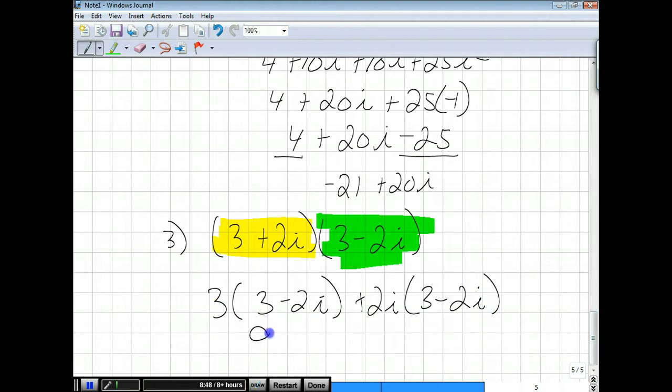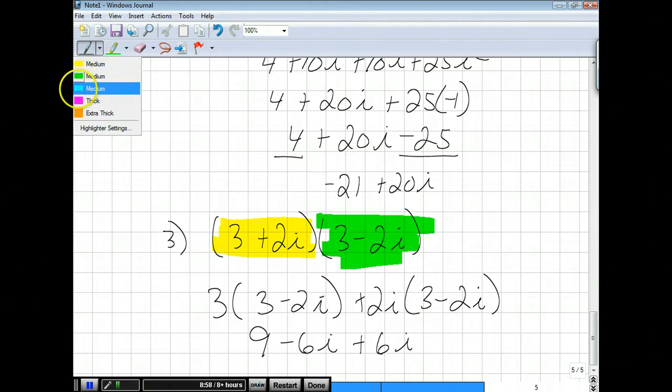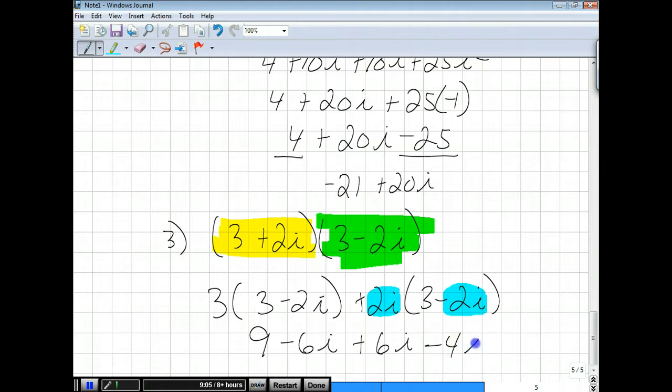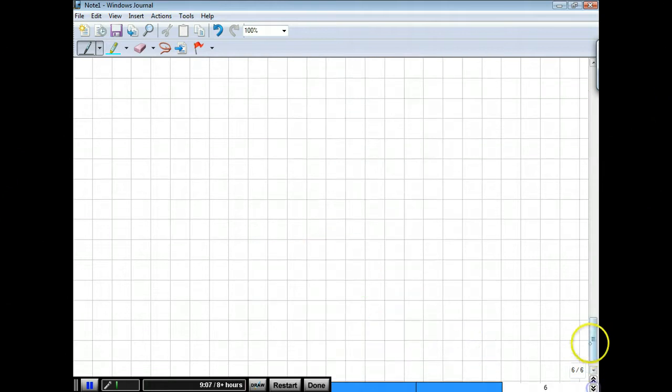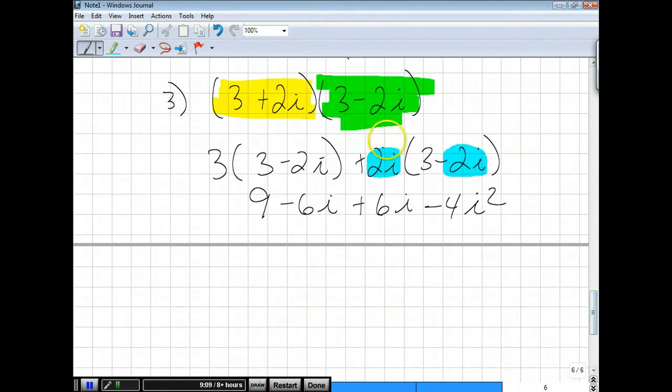Distribute, so 3 times 3 is 9, 3 times negative 2i is negative 6i, 2i times 3 is positive 6i, and now here's again, be careful, this times this gives us a negative 4i squared. Okay, when you do this multiplying, that's where most students make mistakes, so be very careful.